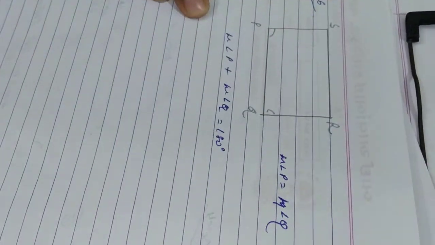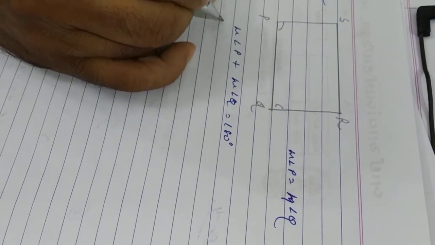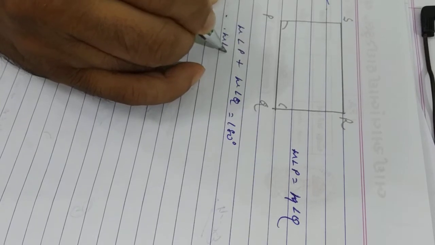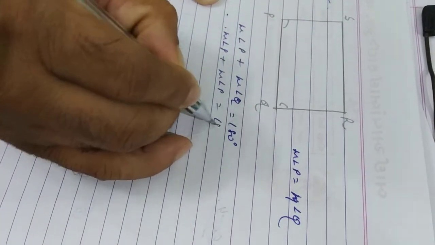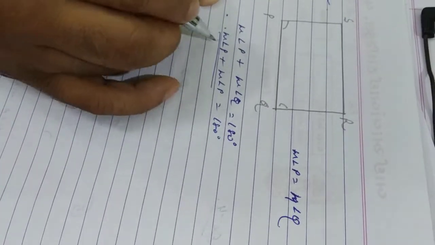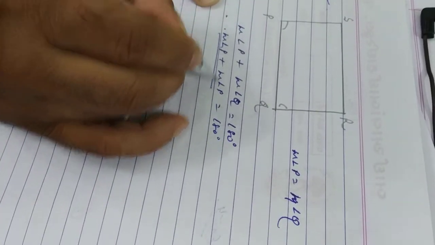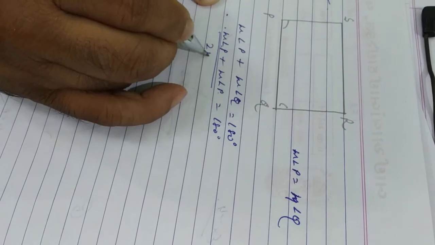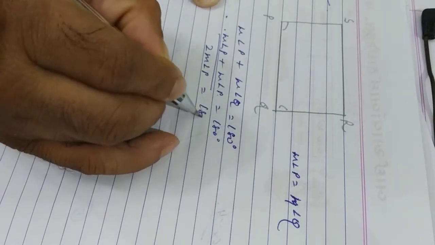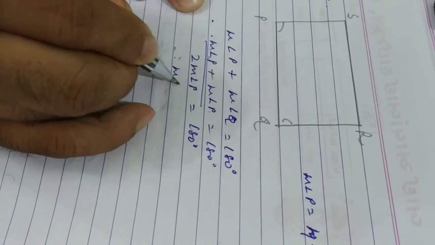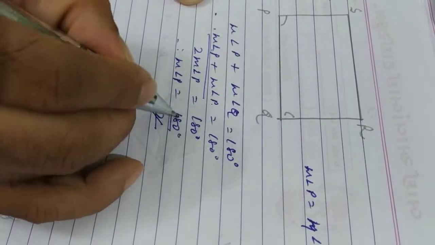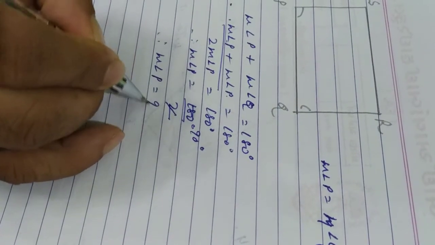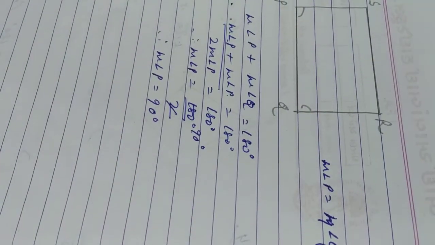So angle P plus angle P, so 2 times measure angle P is equal to 180 degree. Therefore measure angle P is equal to 180 upon 2, which is 90 degree.